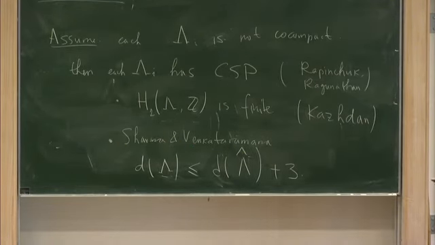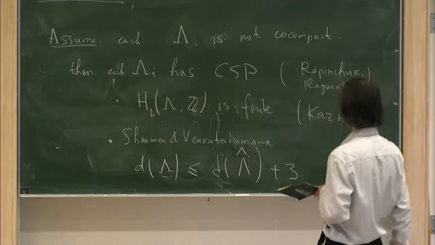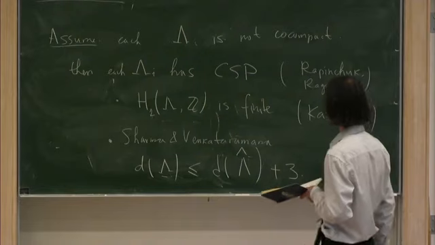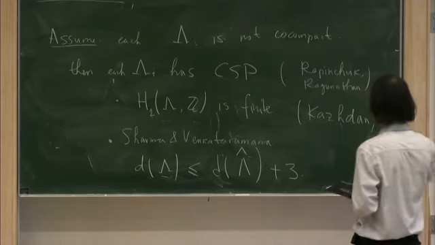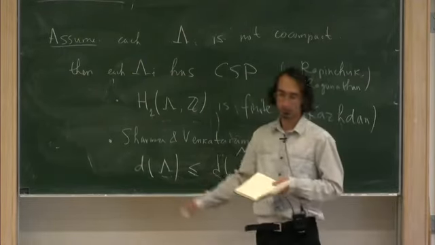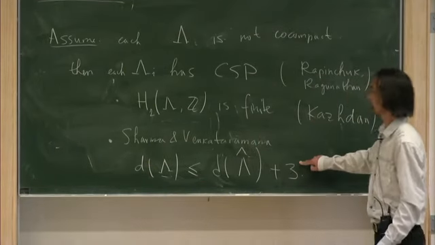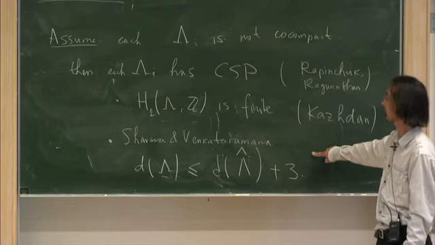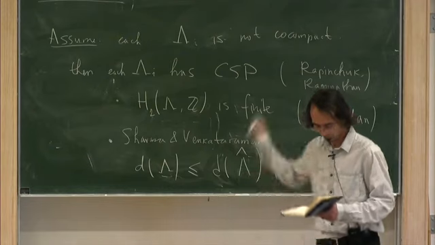Okay. No, it even says more. Yes, but we need something more. I didn't state this properly. So the statement there says that... No, actually, this is exactly what we need.